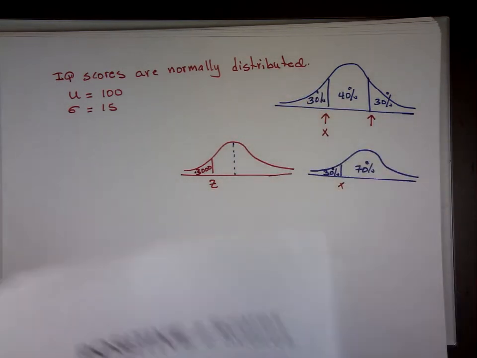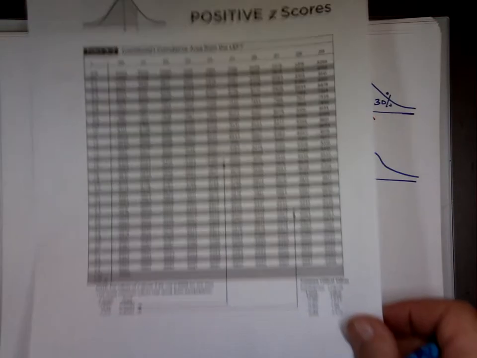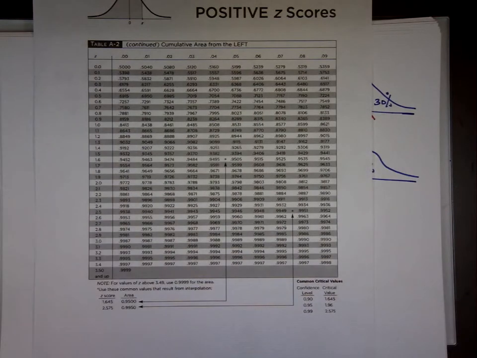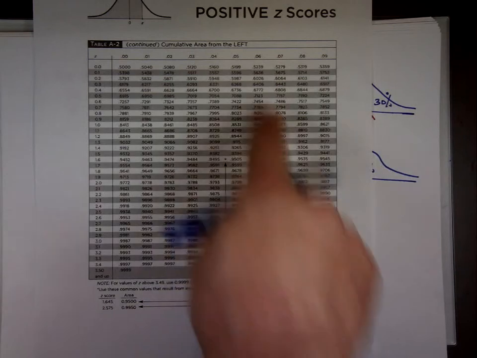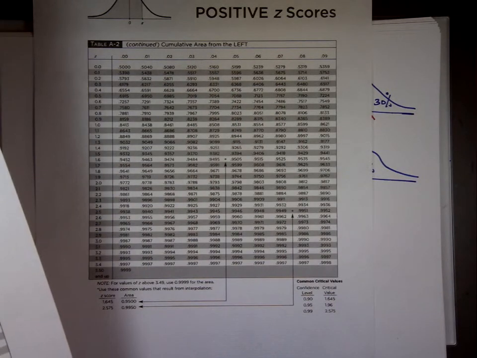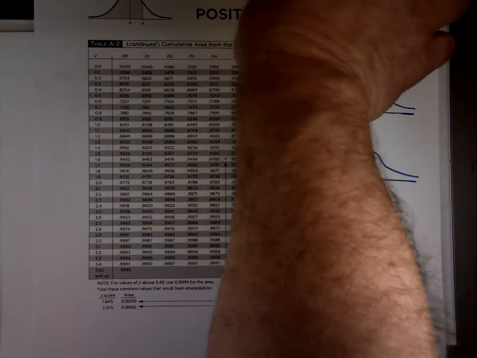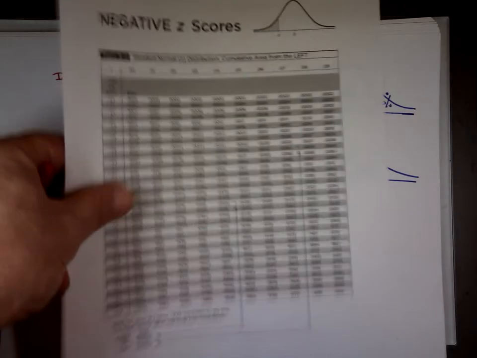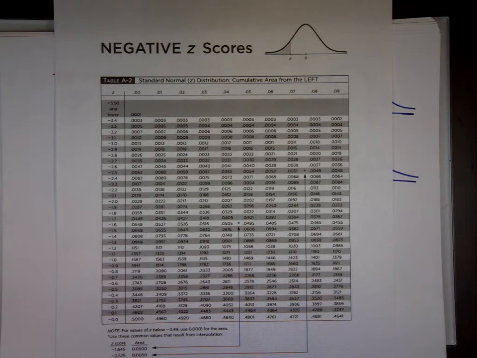But if by mistake you start looking at the positive z-score, go ahead, look as much as you want. You will never find a number close to 0.3000 here. You grab the negative z-score, you start looking inside the table for the closest number to 0.3000.